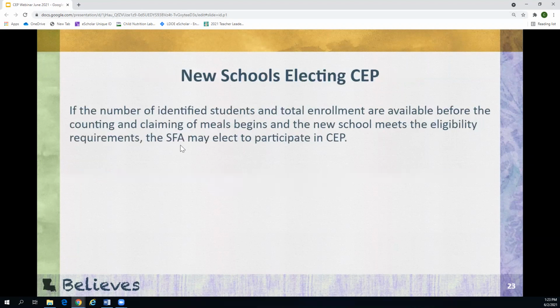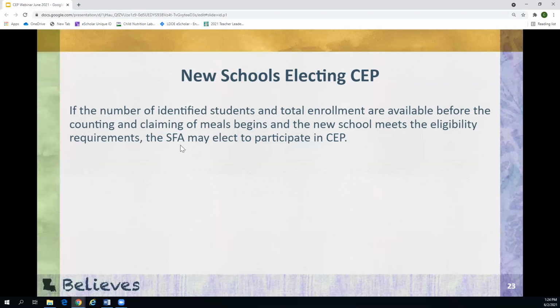It's also possible for new schools to elect CEP, but it is only possible for those schools to participate if the number of identified students and the total enrollment are available before counting and claiming of meals begins, and also if the new school meets the eligibility requirements.